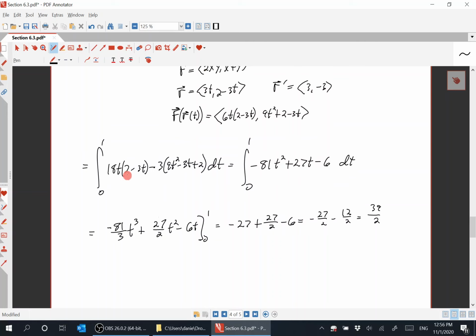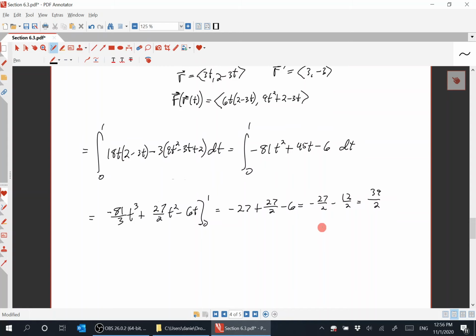Minus 36 plus 9. Plus 36 plus 9 is 45. Right, that is plus 36t plus 9t, so that's plus 45t, so that's 45 over 2.